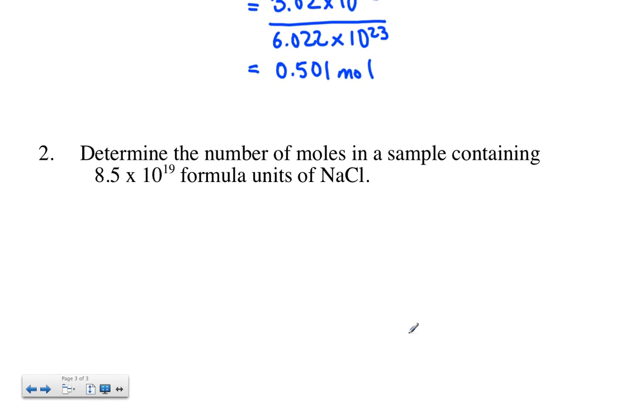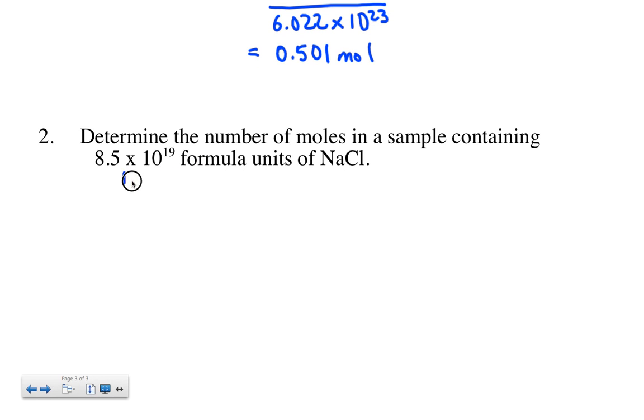In example 2, we're asked to find the number of moles in a sample containing a certain number of formula units. So it's the same when you're given the formula units, that is your big N. So to find the moles here, we're going to take that big N, or the formula units, and divide by Avogadro's number.